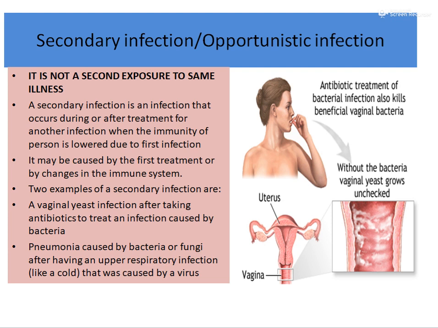So that is a secondary infection. Secondary or opportunistic infection is an infection caused by a second infectious agent after or during treatment for a first infection, when the person's immunity has been lowered due to the first infection. So I guess you got an idea of what a secondary infection is.